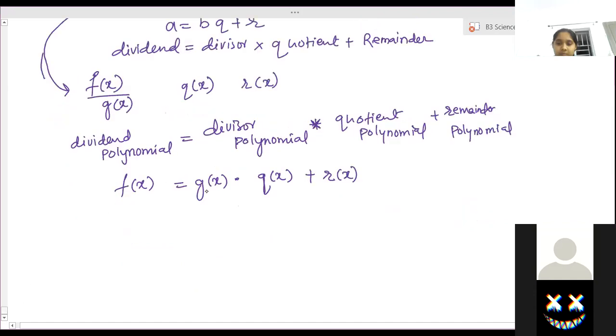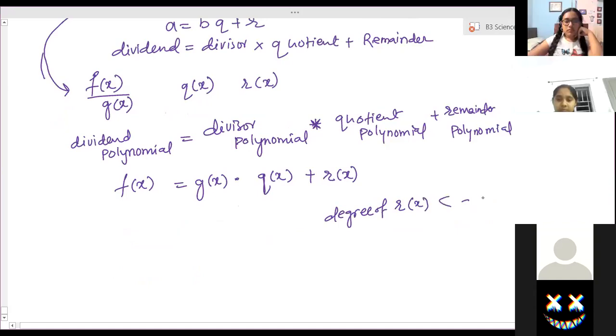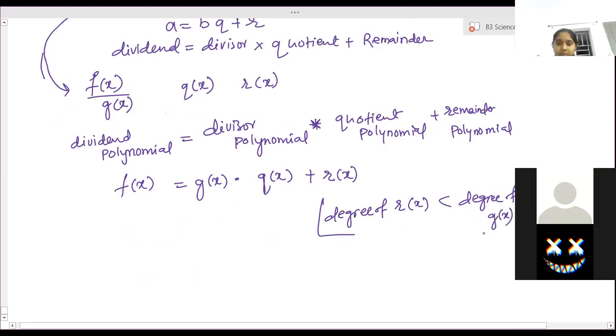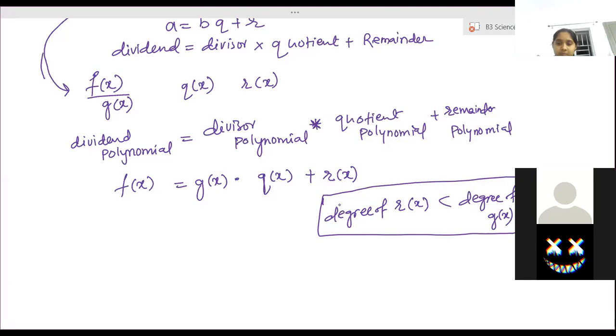And for the remainder polynomial and g(x), there is again a condition: the degree of r(x) should always be less than the degree of g(x). So the degree of the remainder polynomial should always be less than that of the divisor polynomial. Then only we stop. Otherwise, we have to continue dividing. So write this down. We have to use this for finding zeros of the polynomial.